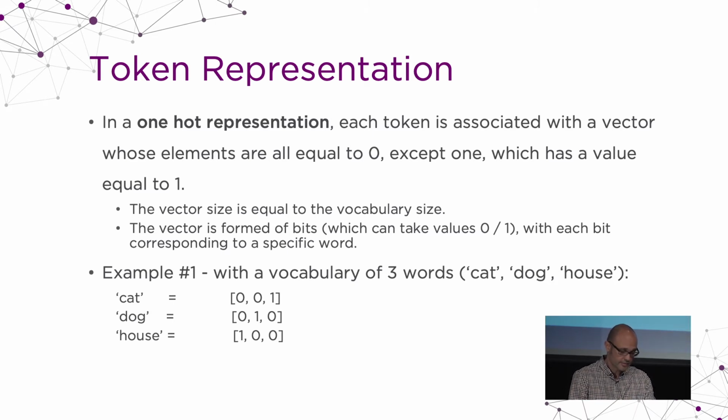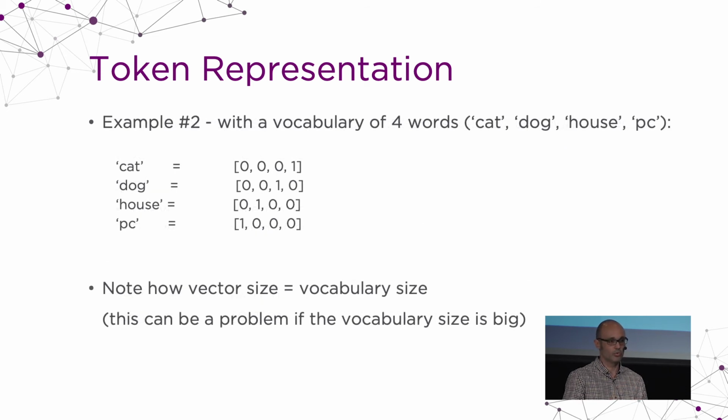The first one is that, if you look at the example here, I have a vocabulary of 3 words: cat, dog, and house. You can notice how we represent that with the one-hot representation. They are all zeros except one position, and this position is telling me which word we are talking about. But you see that if I have 3 words, I need a vector of 3 elements. And this can be a problem. We will see it later. Let's see another example.